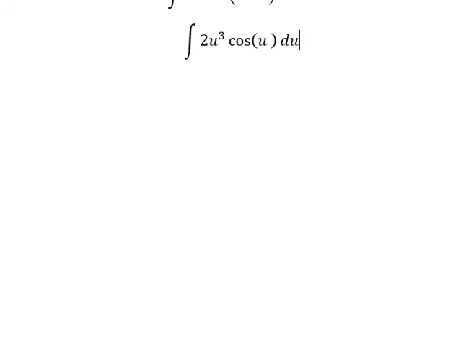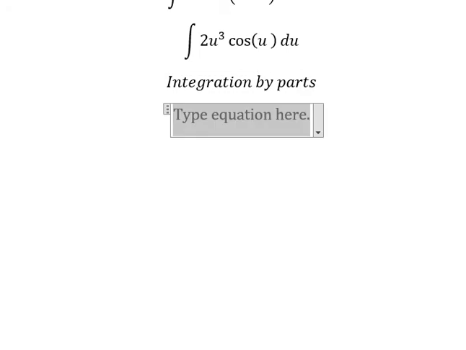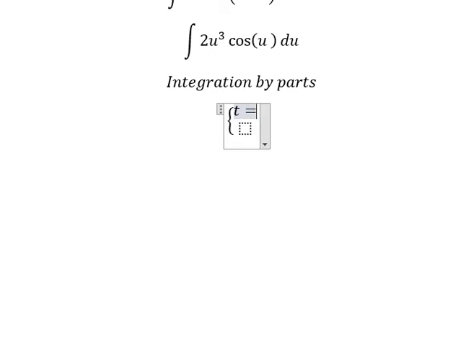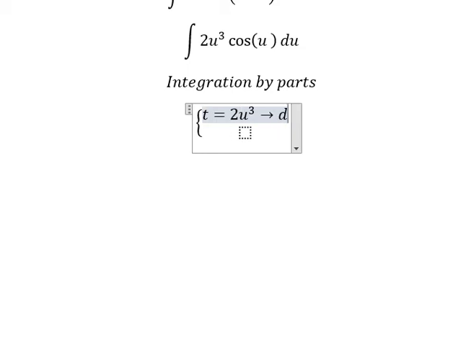Next, we need to use integration by parts. So I will put t equals u to the power of 3. Later, we need to take the first derivative of both sides.